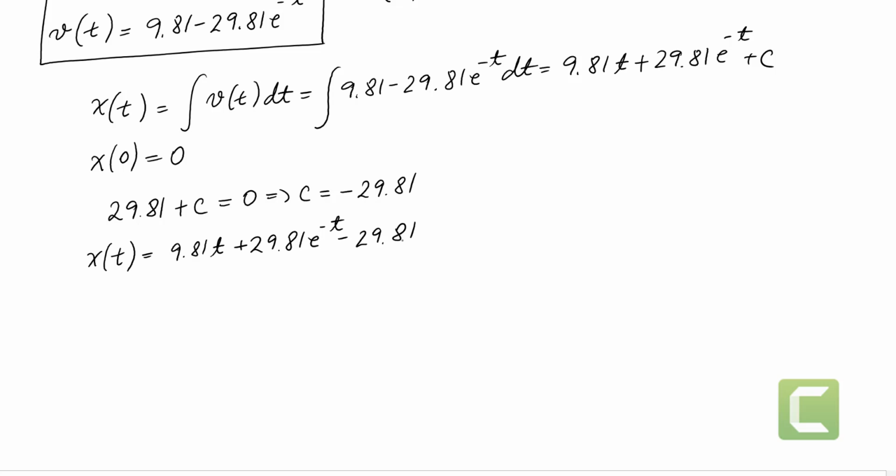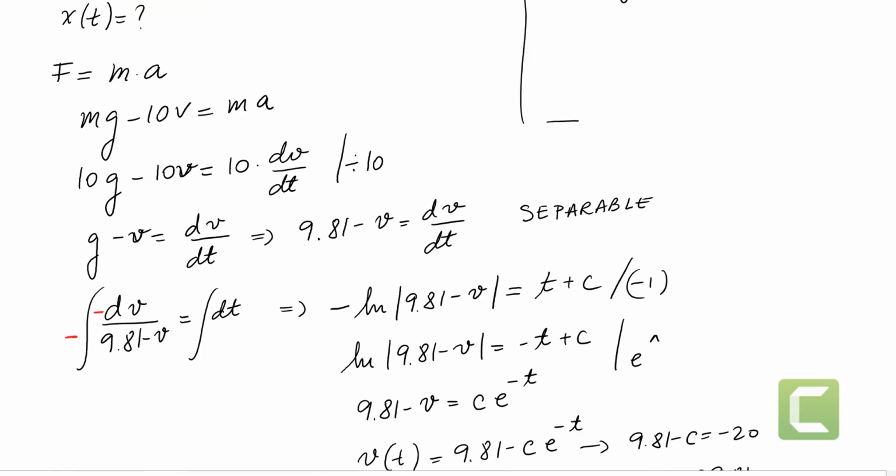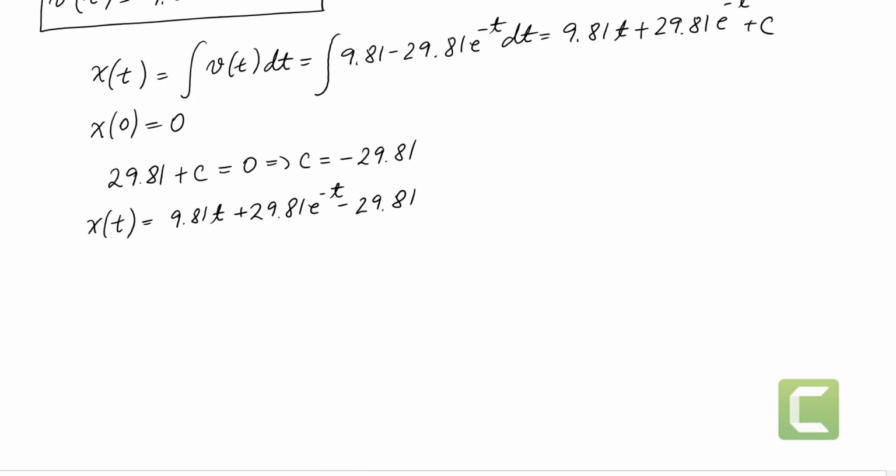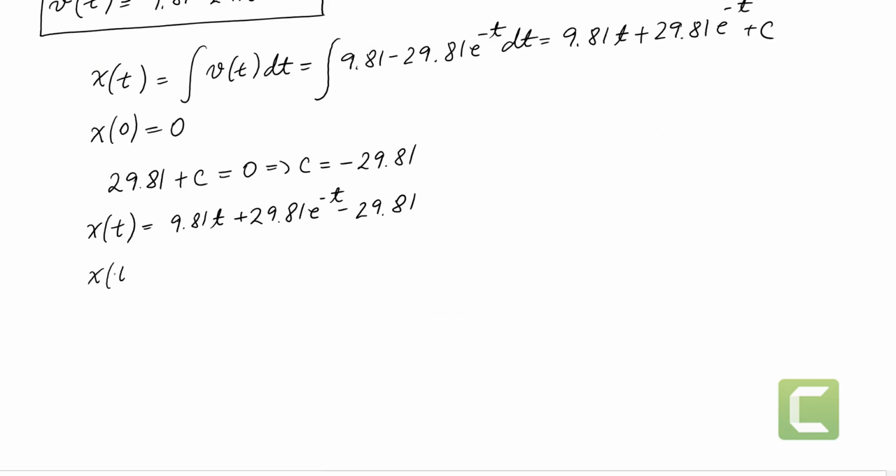To answer the second question, if the object is 400 meters above the ground, when will it hit the ground? We set x of t equal to 400 and solve for t. So we get 9.81t plus 29.81 e to the negative t minus 29.81 equals 400.